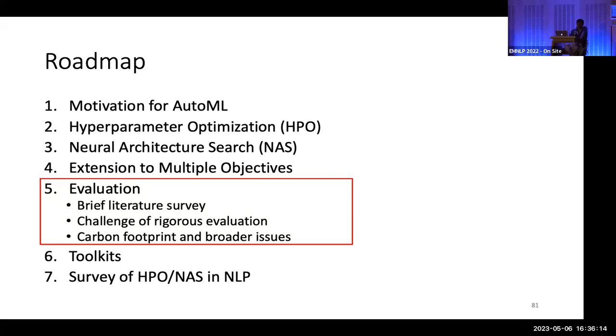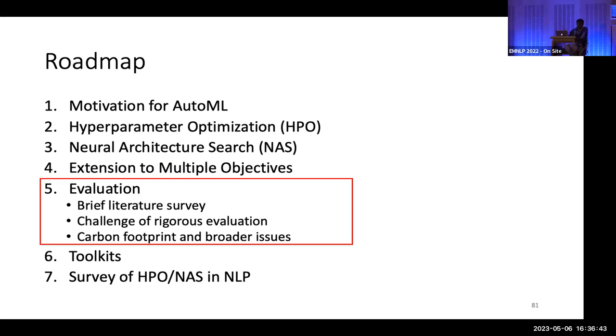This is about evaluating. So now, say you're all persuaded and you're going to try AutoML for your own NLP problems. What kind of things should you think about? Which method should you use? Which method is the best? So that gets to evaluation of AutoML methods. This turns out to be very difficult. First, I'll give you a brief literature survey of mostly machine learning papers comparing different AutoML methods.